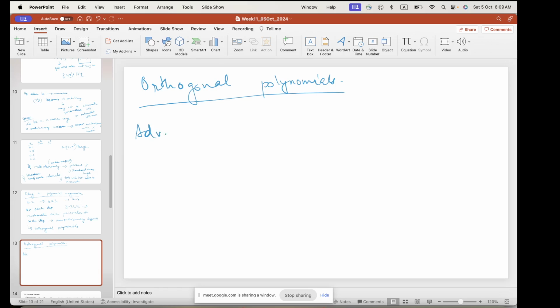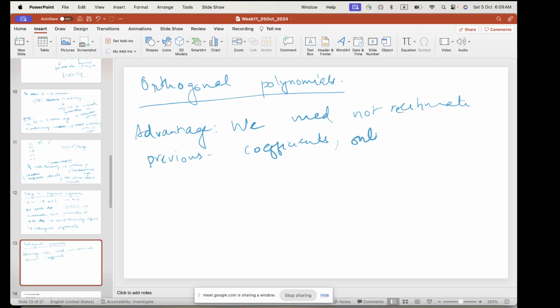The advantage is that we did not re-estimate the previous coefficients.